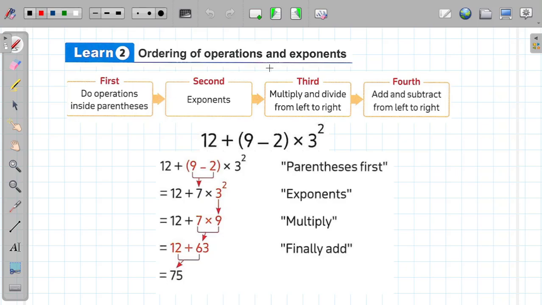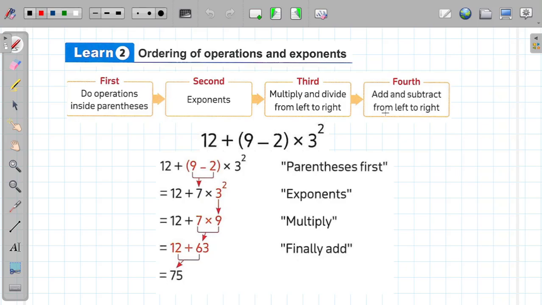First, we do operations inside parentheses. Next, we calculate the value of the exponent. Third, we multiply and divide from left to right. And at last, we add and subtract from left to right.